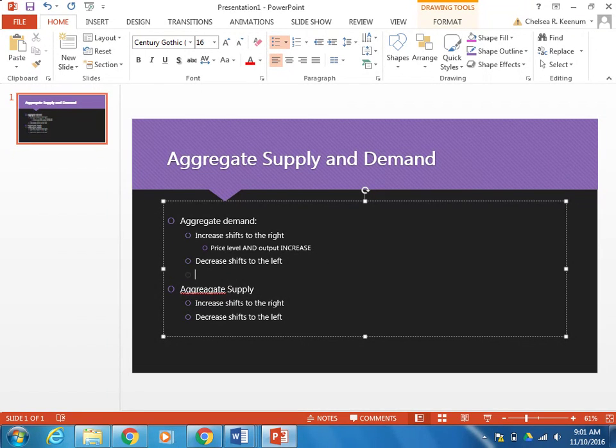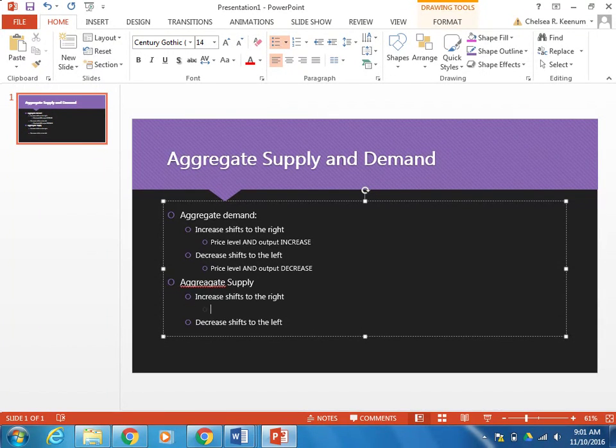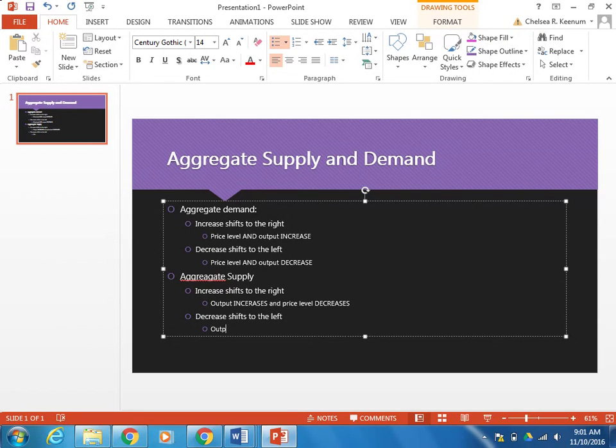So they do whatever the curve does. And output decrease. Aggregate supply: output increases and your price level decreases. So output does whatever the curve does, price level does the opposite.